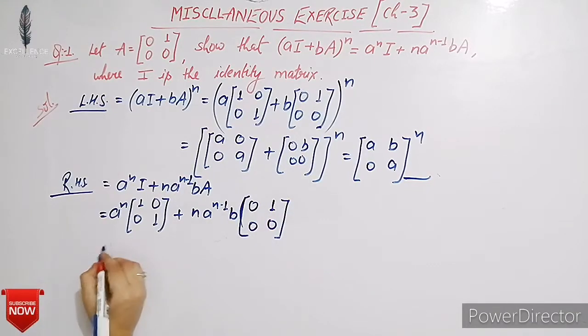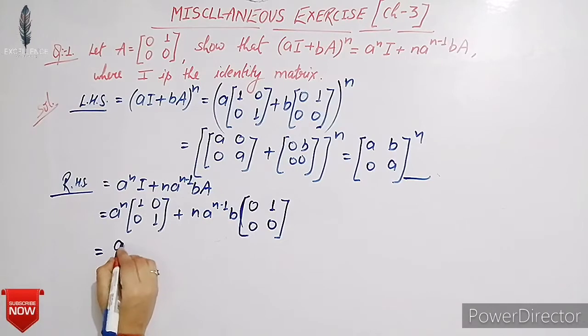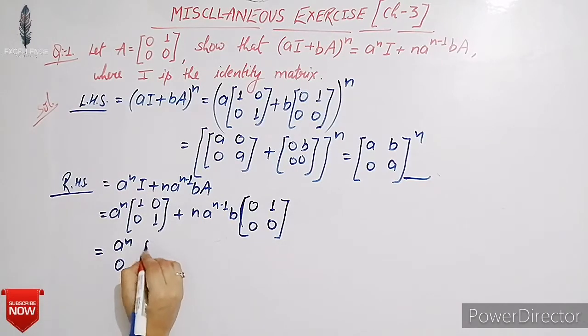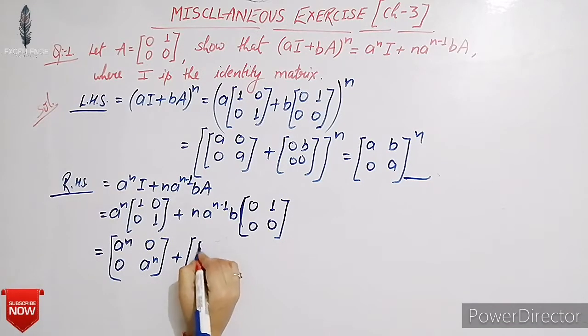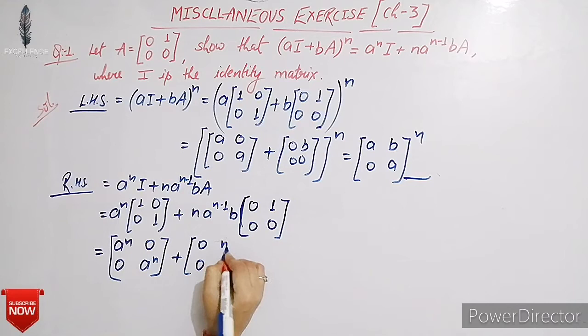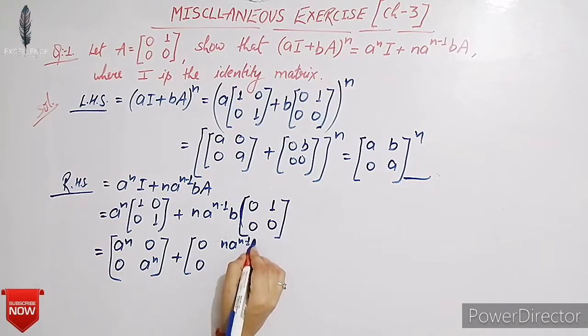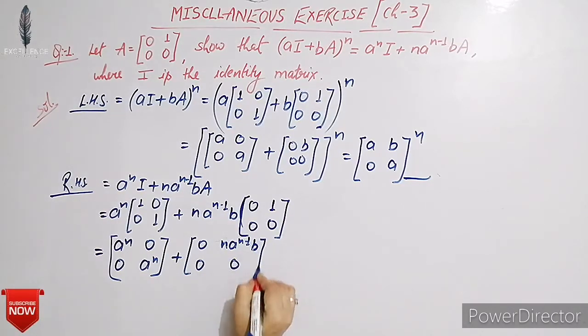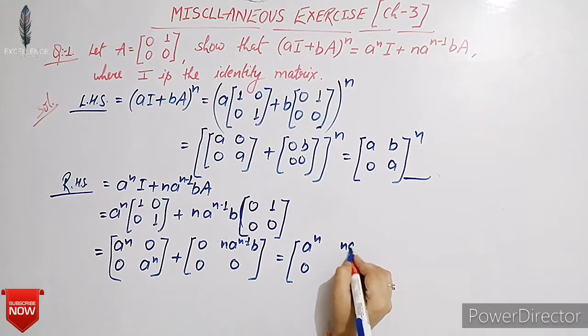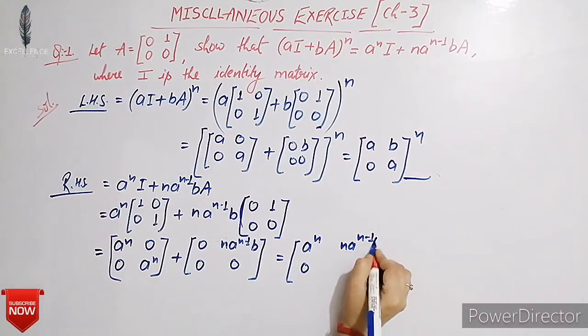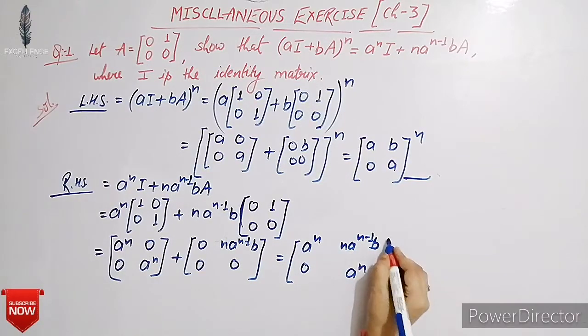On simplifying it, first multiplying by a^n, we get [a^n 0; 0 a^n] plus [0 0; n a^(n-1) b 0]. On adding the corresponding elements, we get [a^n 0; n a^(n-1) b a^n].